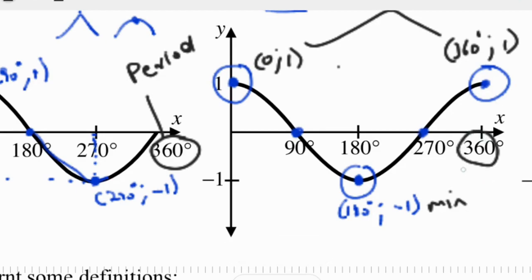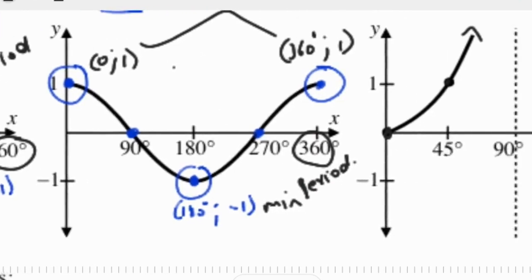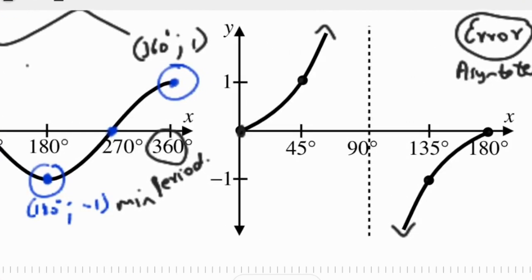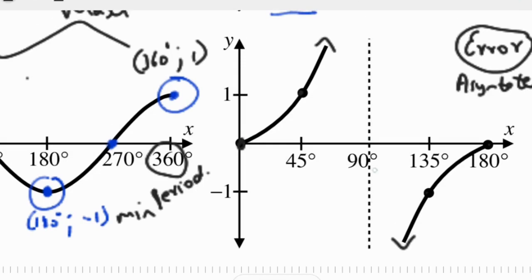That means the period of the cosine graph originally is 360. With your tangent graph, we get half of the graph before 90 and the remaining half after 90, and it stops at 180. So that means the period of the tangent graph is 180.